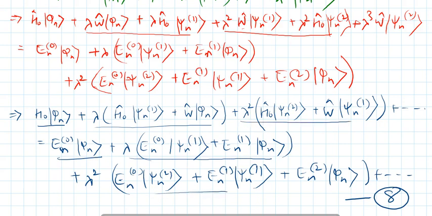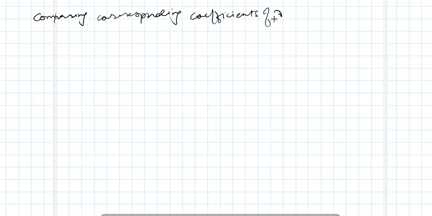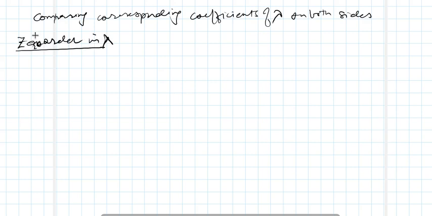So if I compare the corresponding coefficients of lambda on both sides, then for zero order in lambda, I can write h naught phi n must be equal to En naught phi n. Let me call it equation number 9.